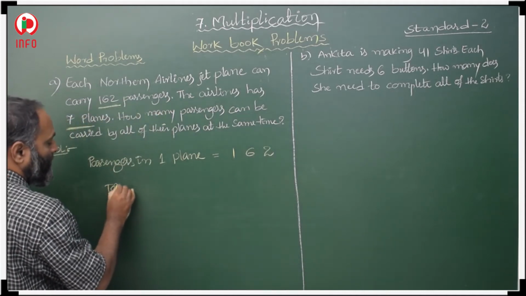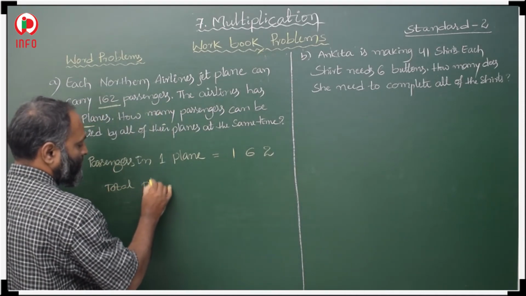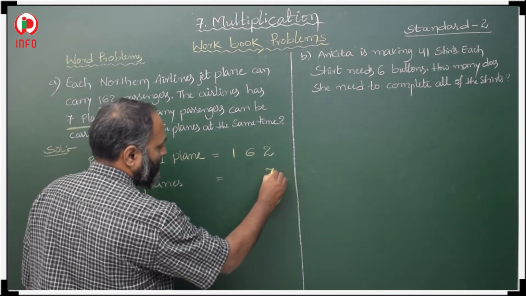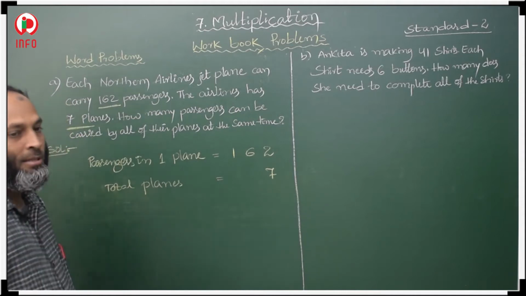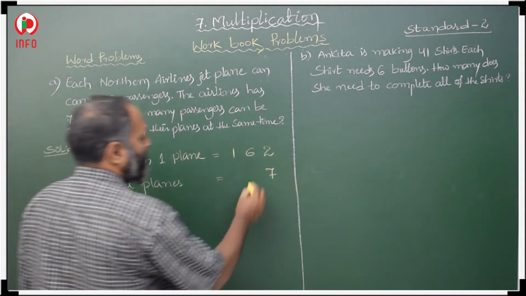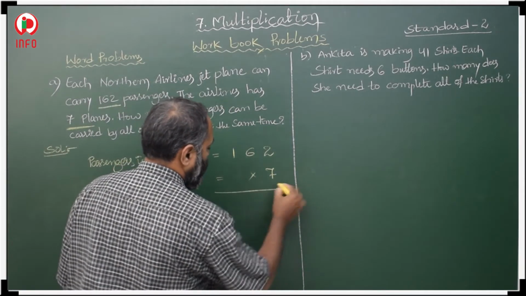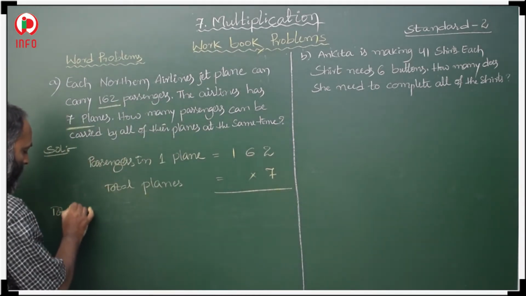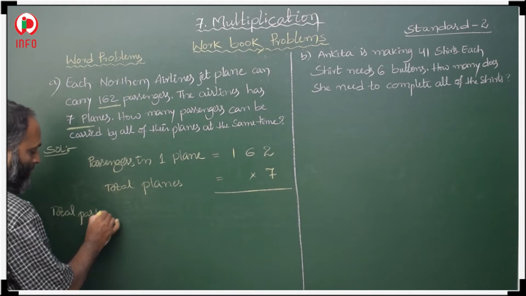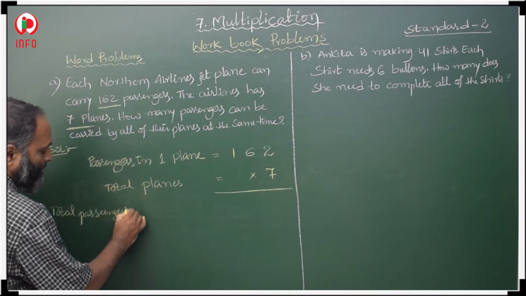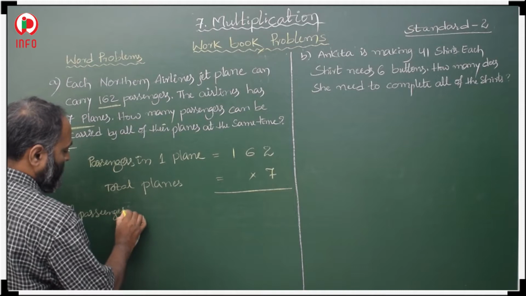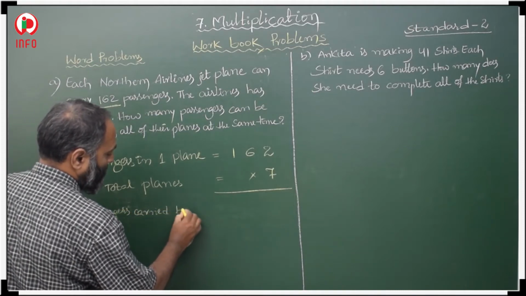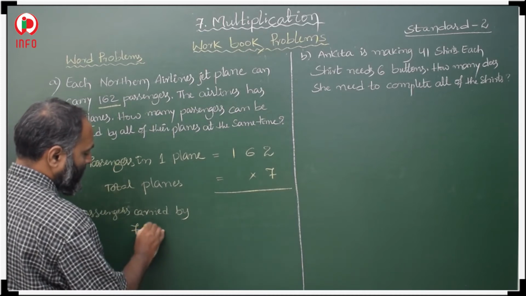Total planes: how many planes? 7 planes. Then total passengers carried by 7 planes.